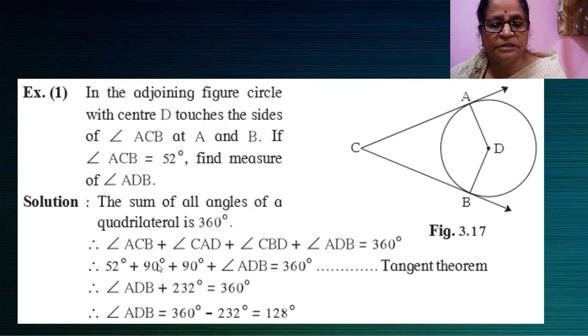CAD is 90 degrees because the tangent is perpendicular to the radius, and this is also 90. The total measure of these three angles is 232 degrees, and we have taken angle ADB as it is, and changed the side of the 232 degrees, making it a minus.